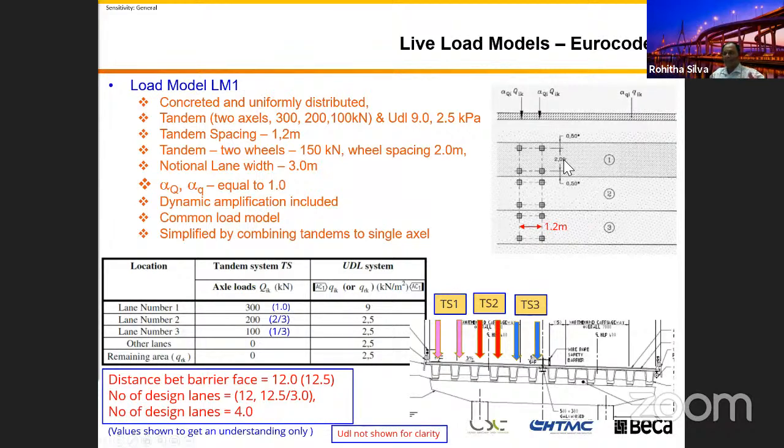And the difference in here, you don't want to compare the axle spacing of 2 meters, but the lane width, from the edge to the center line of the axle to the imaginary lane. Previously we called it the design lane. In the European standard, I think the British standard calls it the notional lane. I think that means the imaginary lane. This imaginary lane or design lane is 3 meters.